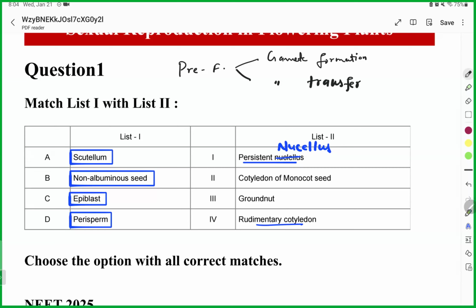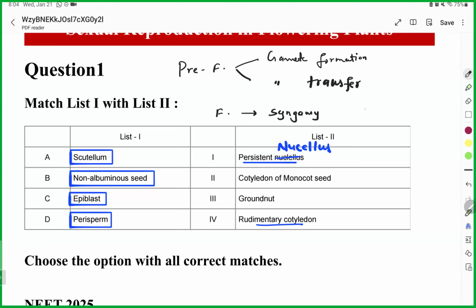Keep these points in a separate notebook. Chandana, what happened during fertilization? The fusion of male and female gametes. And this step is also known as syngamy. You have to note syngamy, fusion of the gametes.